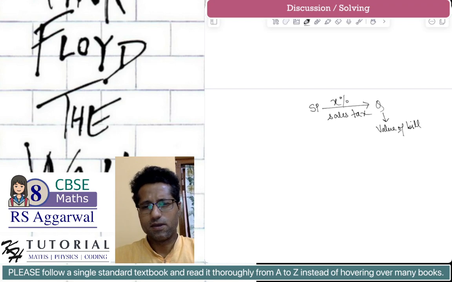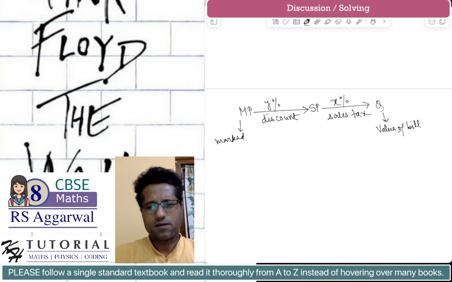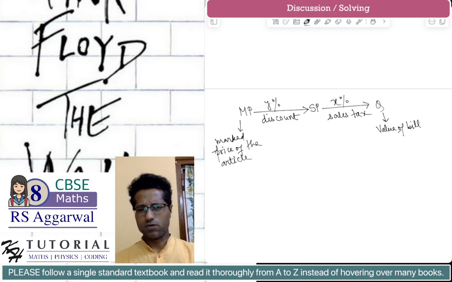Selling price is based on the marked price. There is a marked price, and if there is a discount, let's say Y% discount, this is the marked price of the article that is being sold by the shopkeeper to the customer.